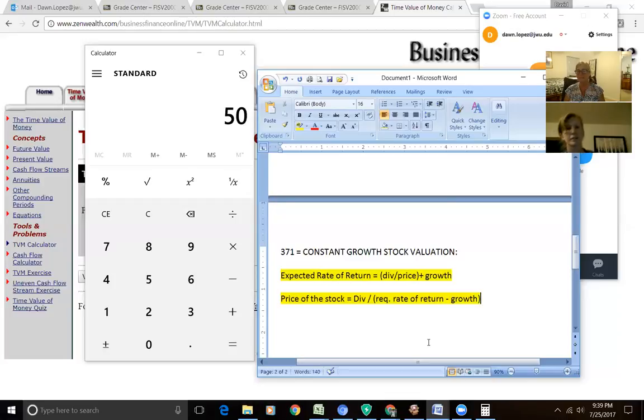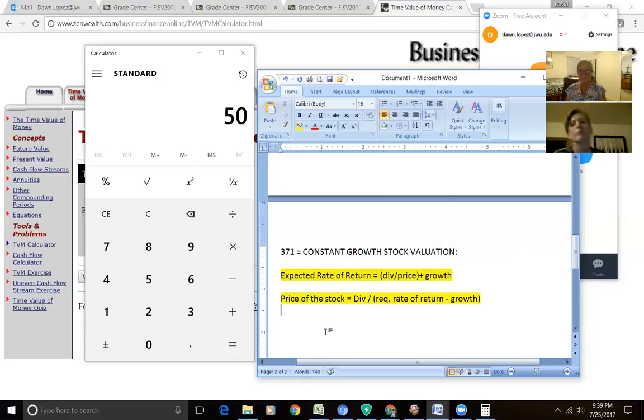Your question number 8 in your textbook is very specifically asking, what is the value of the stock today? So you would want to go ahead and plug in the pieces of the puzzle, since you have to solve for price there.